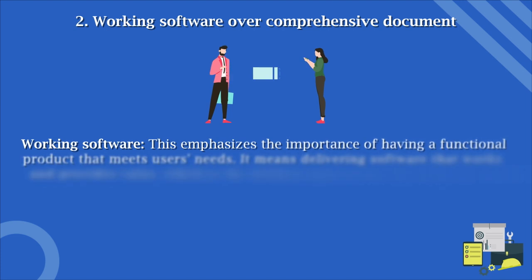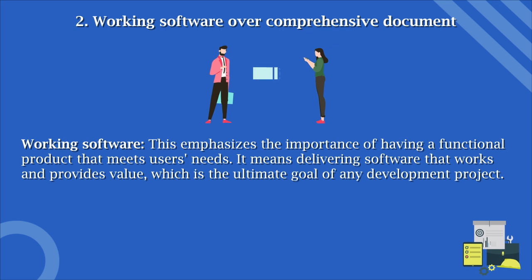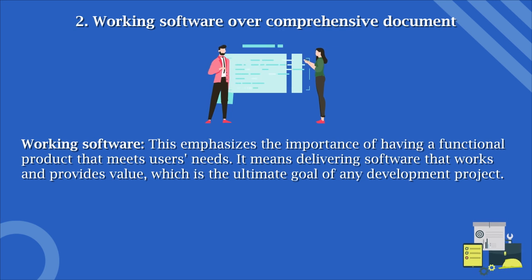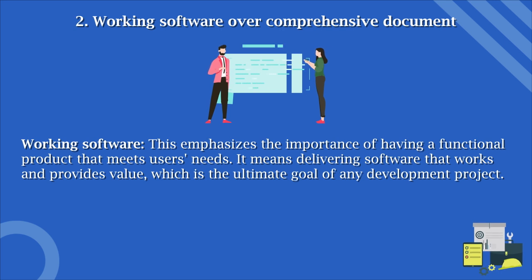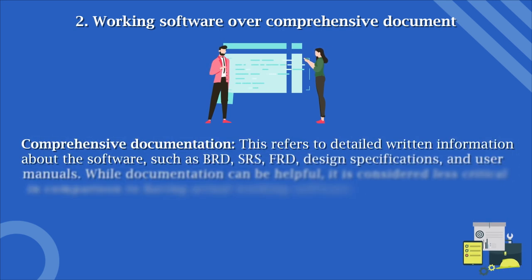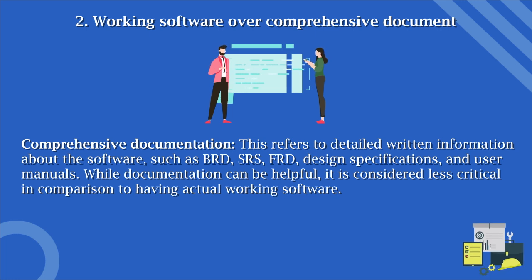This emphasizes the importance of having a functional product that meets user needs. It means delivering software that works and provides value, which is the ultimate goal of any development project. Whereas comprehensive documentation refers to detailed written information about the software such as BRD, SRS, FRD, design specifications, and user manuals.